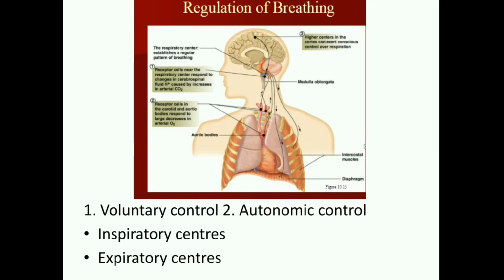Here, two specific conditions are discussed. One, where we can see the increased amount of carbon dioxide, and that will be sensed by two mechanisms, number one and number two, right? So that comes under autonomic control. So here there will be two basic types of control with two receptors or two specific centers, that is the inspiratory center and the expiratory center.